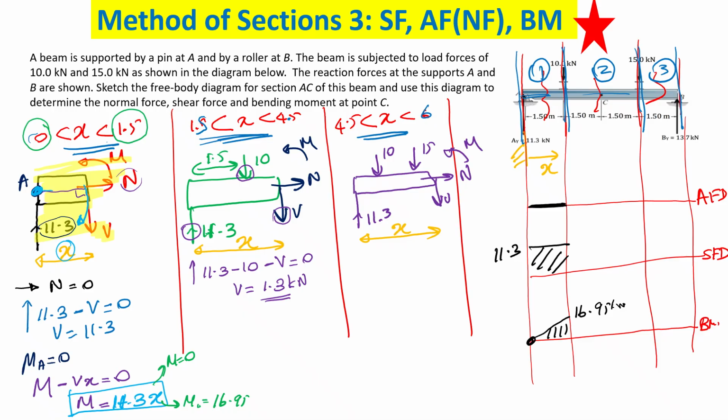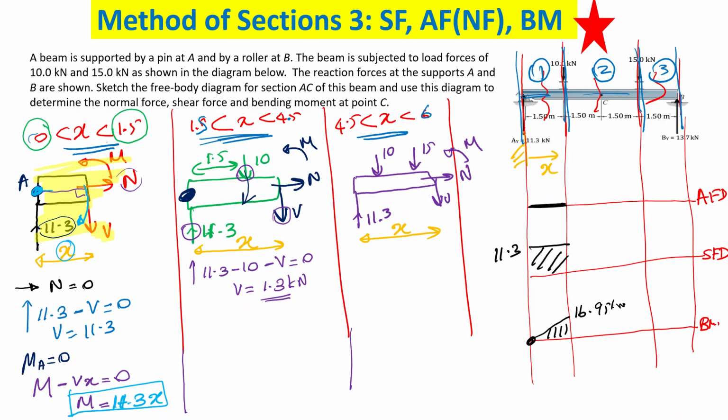So I'm deleting this too, otherwise we don't have room. Okay. All right. So again, M minus Vx is equal to 0. No. So you are taking the moment about this point, right? So you have 10 times 1.5.